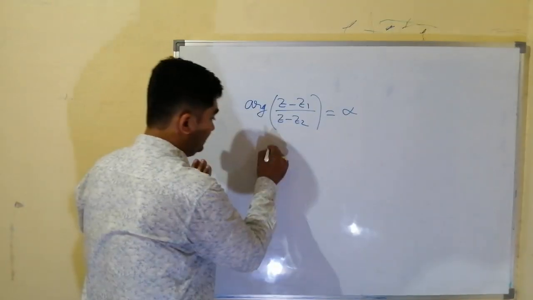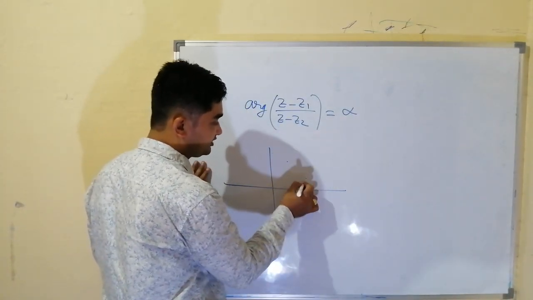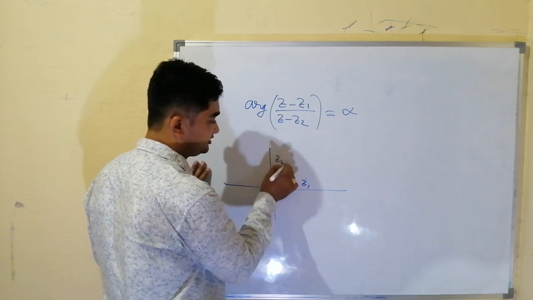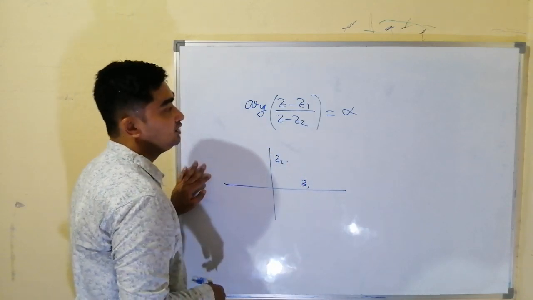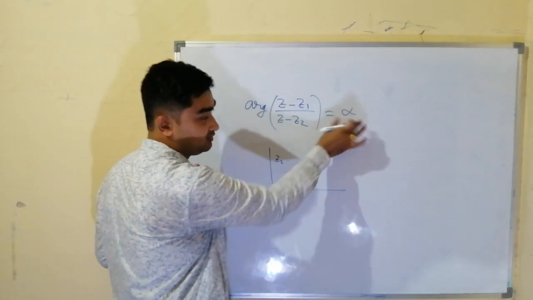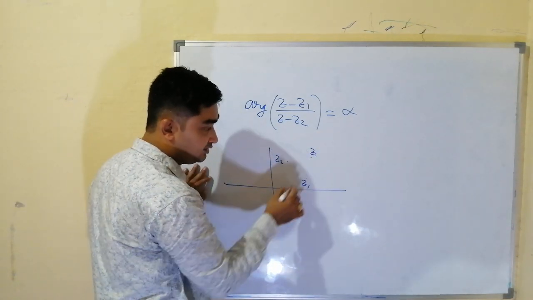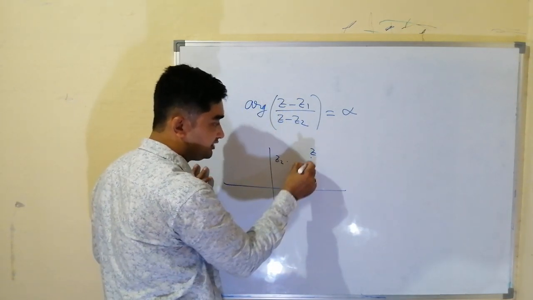How? Let us draw the Argand plane. In the Argand plane, let us locate z1 somewhere, and z2 somewhere. We have to find the locus of z such that this angle is always alpha. So let us say this is z. Now what is the argument of z minus z1?